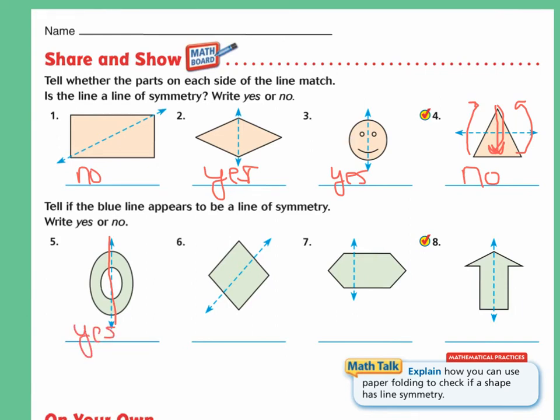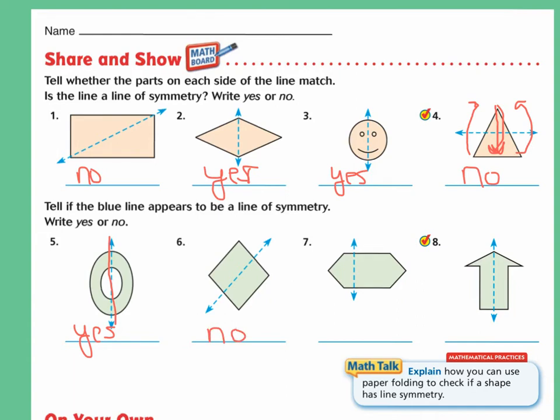And then how about number 6? It's a rhombus, right? It's kind of like that slanted square. And the slants can kind of be misleading sometimes. This would actually not be a line of symmetry here.